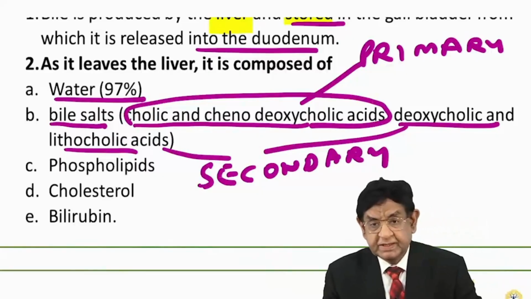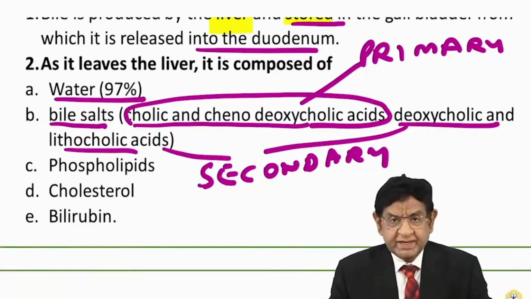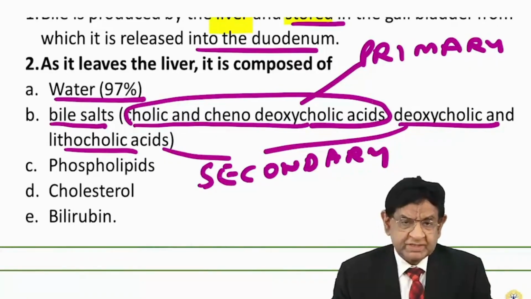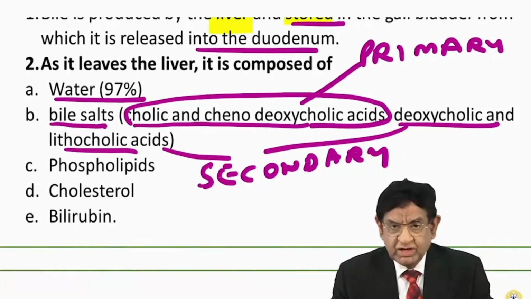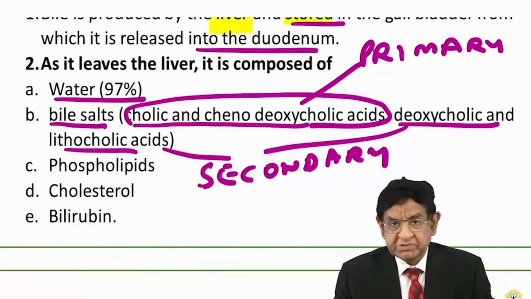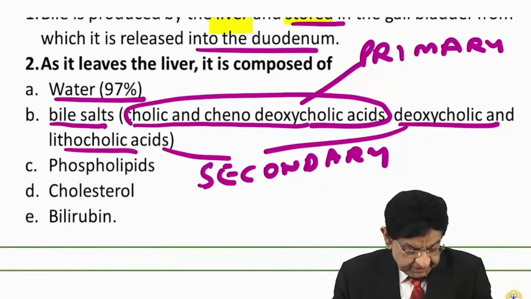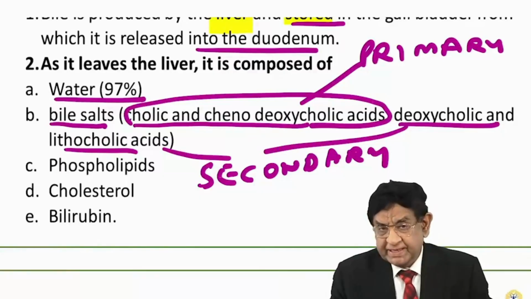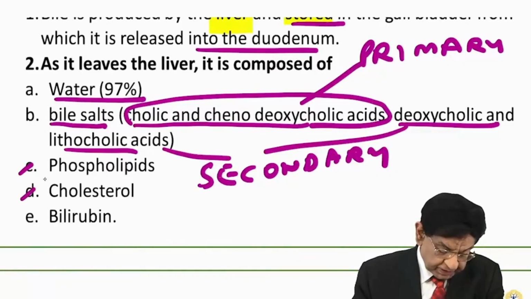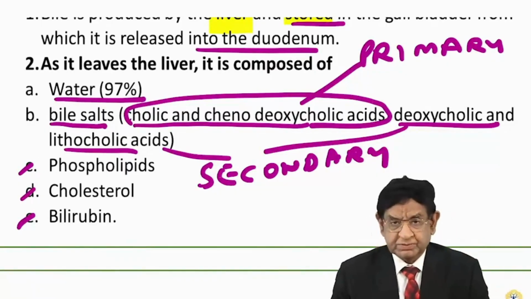About this also I have discussed in great detail when I discussed liver disease in pregnancy, the so-called cholestatic jaundice of pregnancy. All of you must have seen the lecture, or those who have not seen it, please see that lecture for more biochemistry and physiology of bile salt. So I am not going to repeat it again. So they contain primary and secondary bile salt. They also contain phospholipid, cholesterol, and a little bit of bilirubin also.